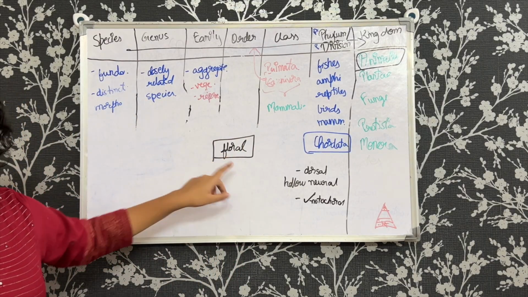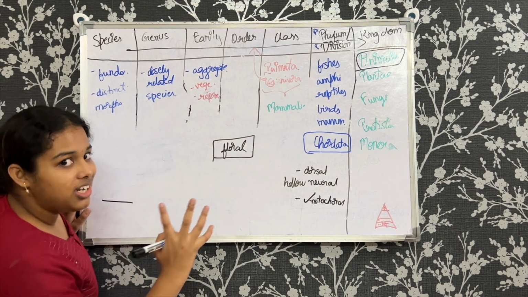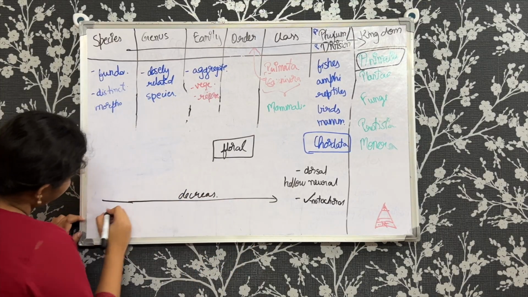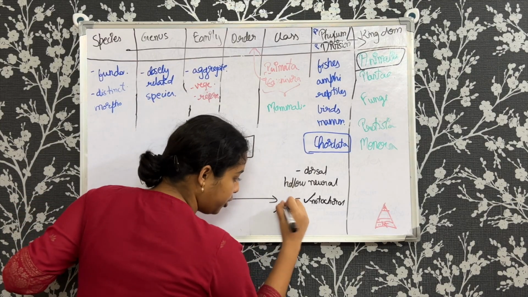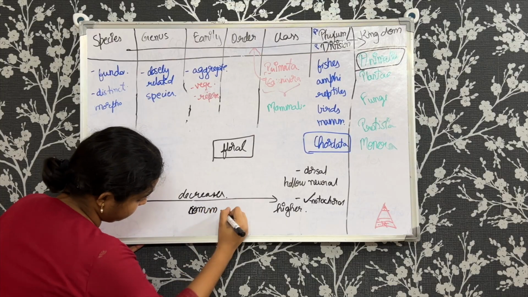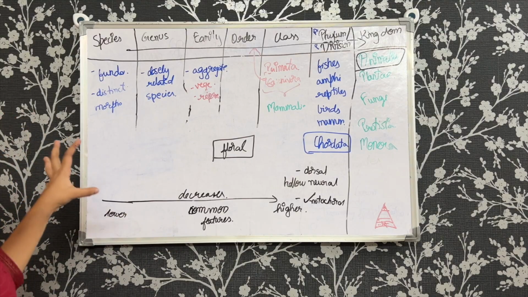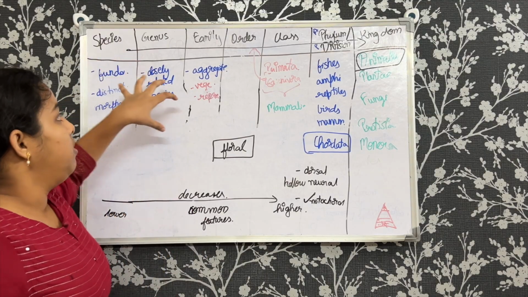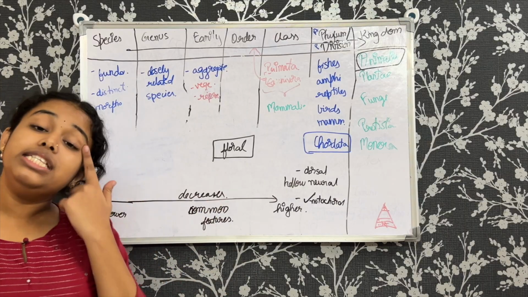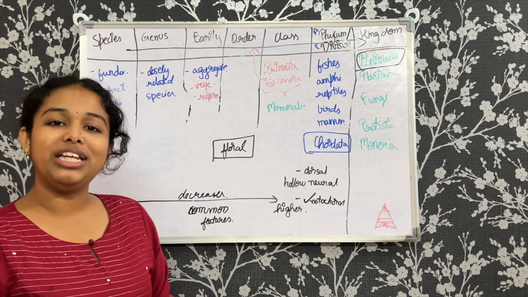This very example allows us to understand that the level of common features decreases as we go from lower to higher levels. And what decreases here? The common features. This is very important because when we keep on grouping the different organisms, we must keep in mind that not everything is so the same that we can keep on grouping them, right?